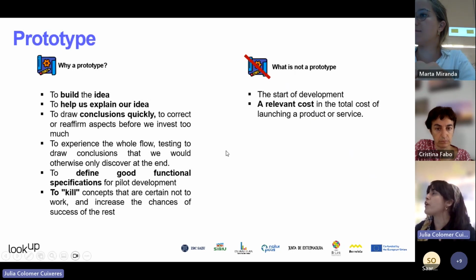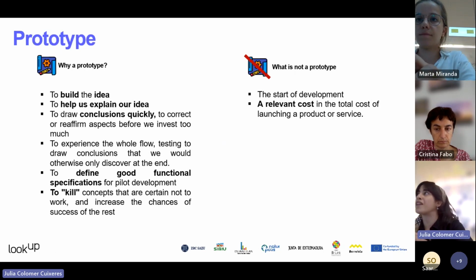And as I mentioned before, we are not talking about the development of the prototype, just the image of the prototype, the idea of the prototype, by showing it. It doesn't have to be a relevant cost, because as I will explain later, you will spend a little bit more money, it's up to you, on the minimum viable product. So this is really important, because this is something that we are going to ask of you. So keep this in mind.